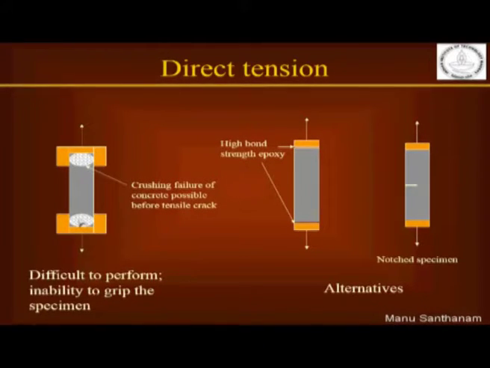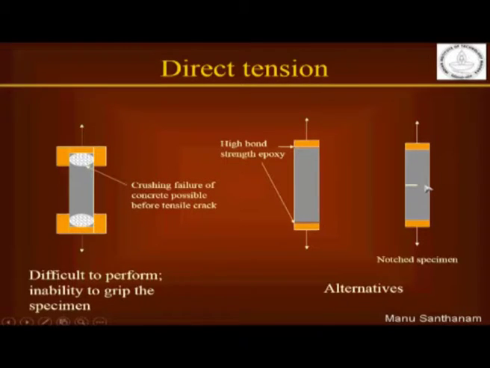Okay. To avoid this kind of a problem, people have suggested other things such as fixing the concrete prism to the top and bottom platens using some high bond strength material like an epoxy. Alternatively, you can test the prism with a notch in the center, so that you are overall going to be reducing the effective cross sectional area that is going to be taking the load. Okay.